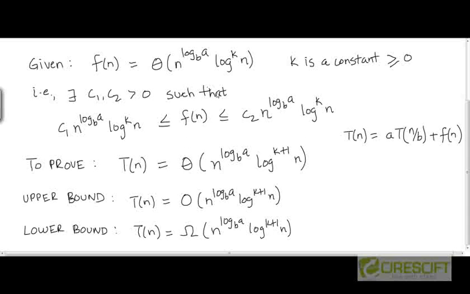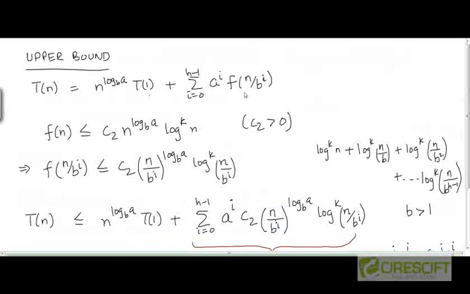And why did we focus on this inequality? Because if f of n is bounded from above by this function, then we can take the expression for t of n and replace the occurrence of f of n by b to the power I by the corresponding upper bound on f of n by b to the power I, which is derivable from what is given to us.